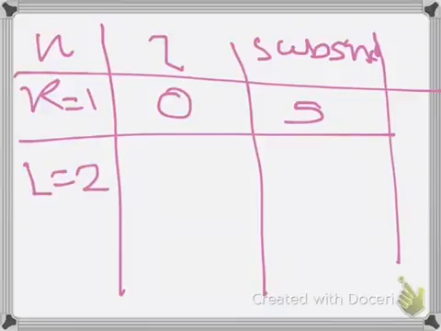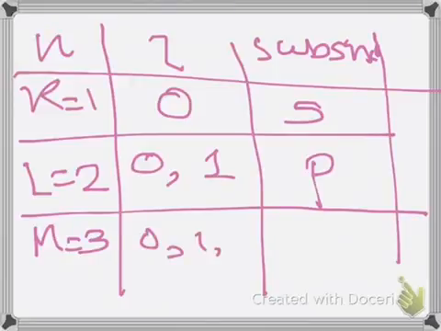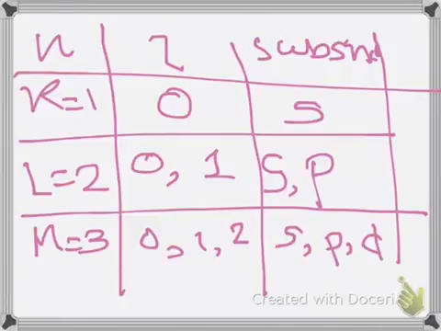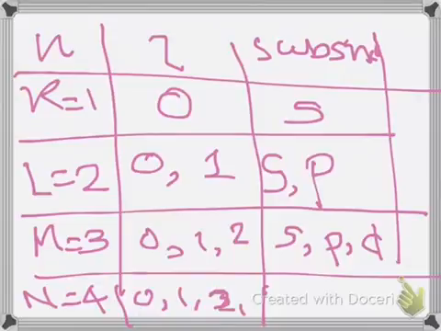For n equals 2, L equals 0, 1, the subshells are S and P. For n equals 3, L equals 0, 1, 2, the subshells are S, P, D. And for n equals 4, L equals 0, 1, 2, 3, the subshells are S, P, D, F.